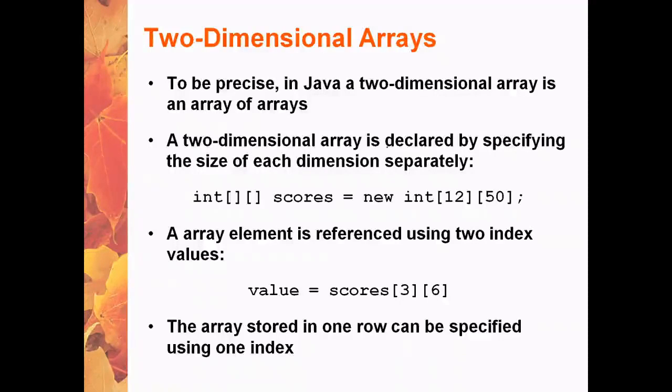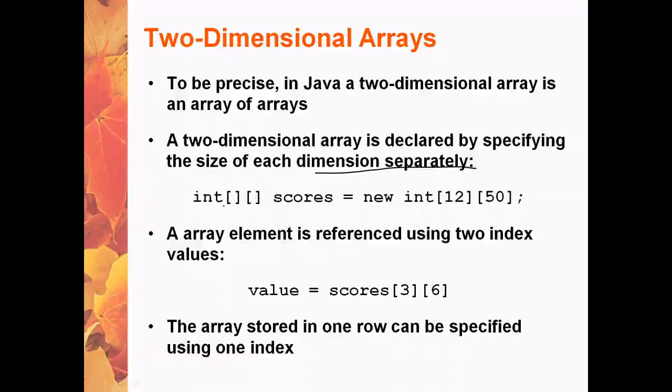A two-dimensional array is declared by specifying the size of each dimension separately. So how do we declare a two-dimensional array? It can be declared in a similar way to a single-dimensional array. The only difference is that in a one-dimensional array we used a single subscript, while in a two-dimensional array we have to use two subscripts.